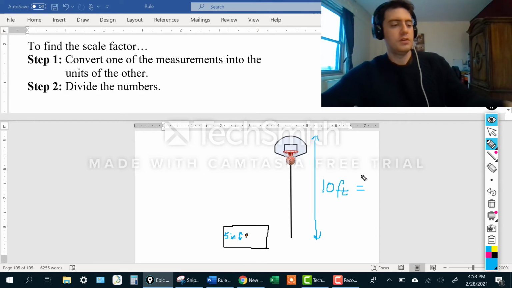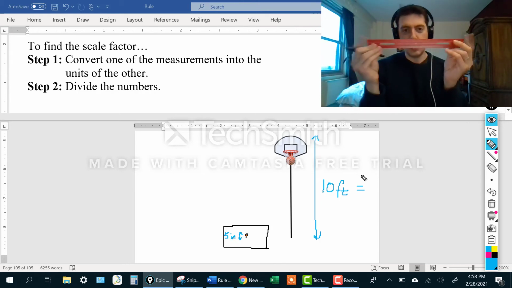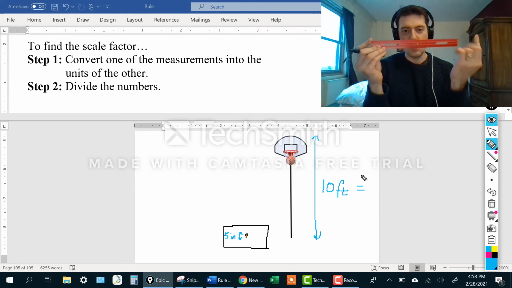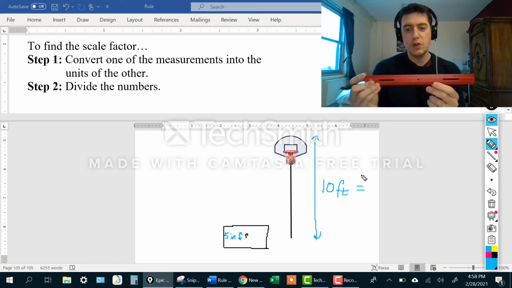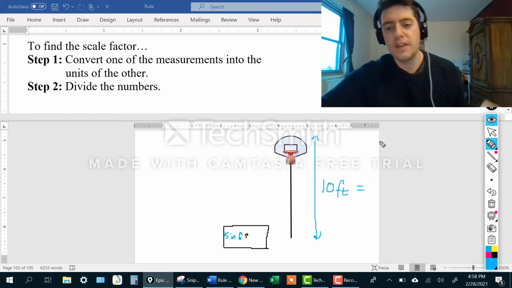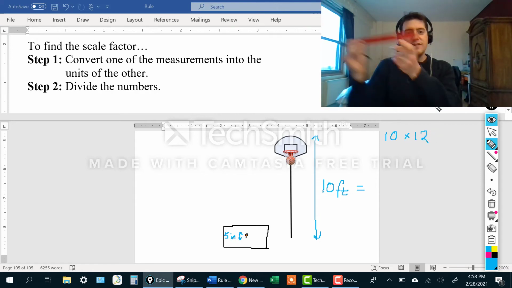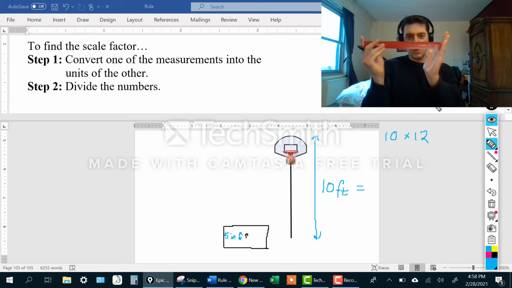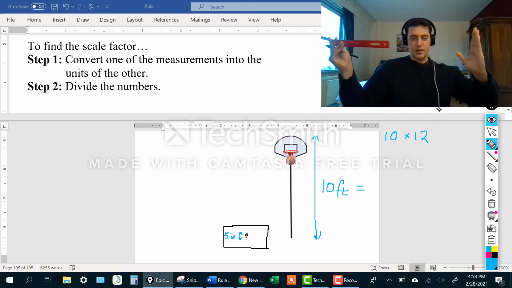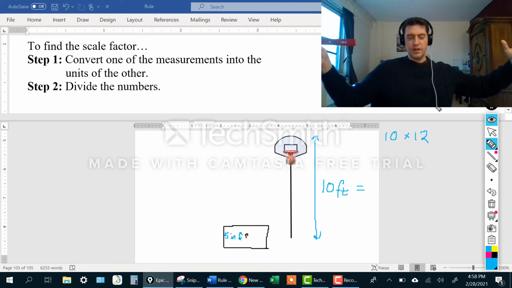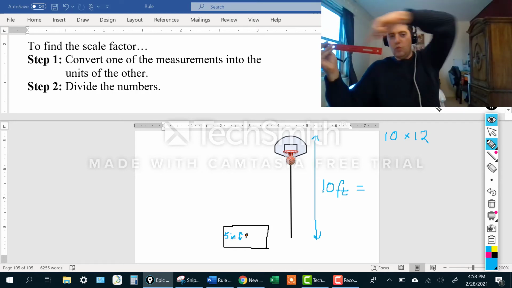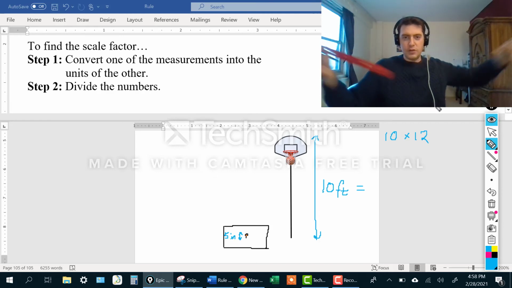Well, I know that there are 12 inches in 1 foot. So if I have 10 feet, I'll do it over on the side here. I can just multiply 10 by 12. In other words, if I had 10 of these, here's one ruler, which is a foot, and imagine I have another one, and each one is 12 inches, then how many inches would go into 10 of those rulers?